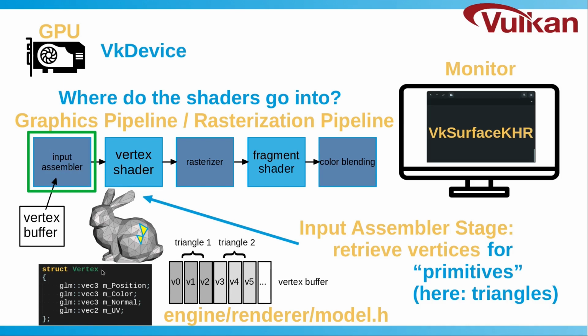Now, what is a vertex? If you look at this 3D model here of the bunny, its mesh is comprised of triangles, whereby each triangle has 3 vertices.